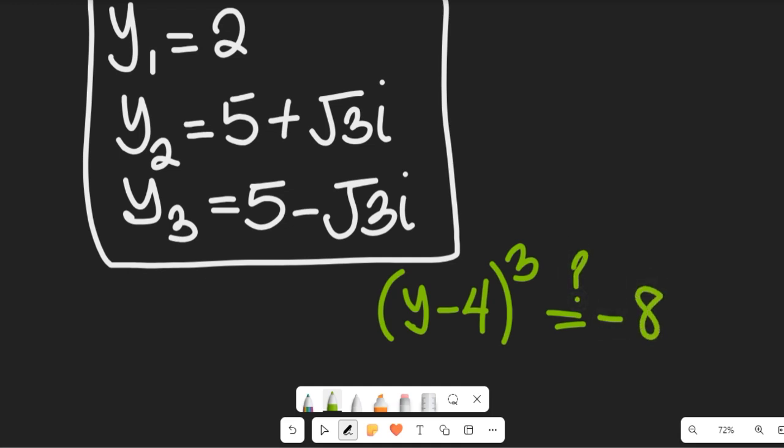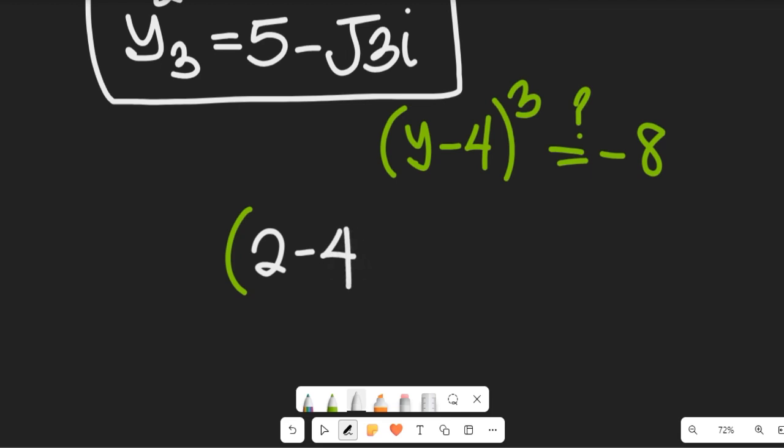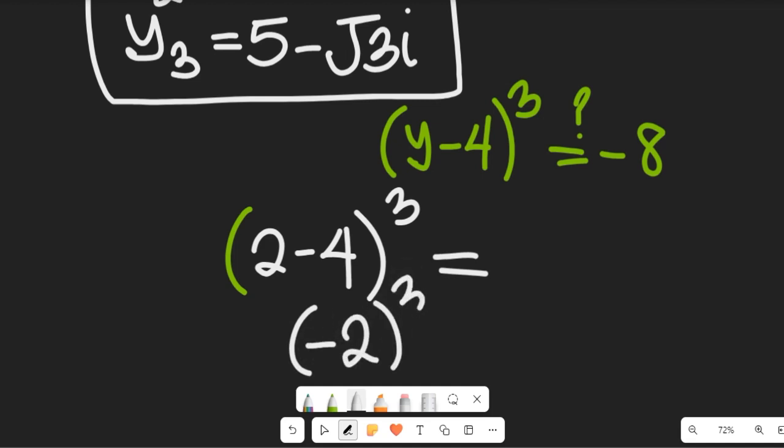Let's find out. We insert that, and this is going to give us 2 minus 4 to the power of 3. Is it going to give us negative 8? 2 minus 4 is going to give us negative 2 to the power of 3.